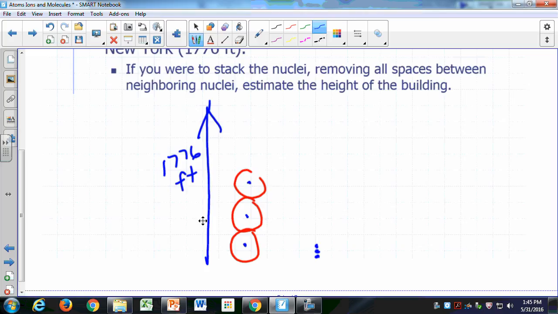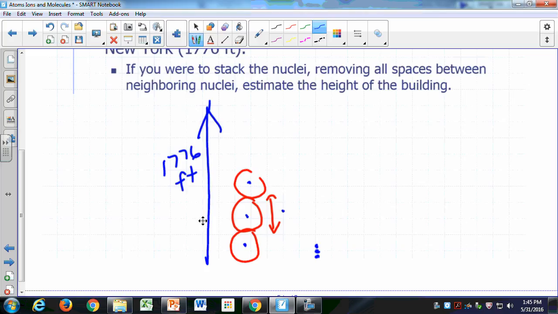Well, how much did we say this one compared to this one? No, diameters. 10,000 times, right? 10 to the fourth. So your length will be reduced by 10 to the fourth, right?